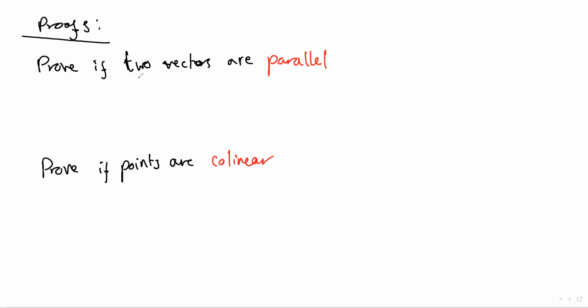So first off, if we want to prove if 2 vectors are parallel, we need to show that they are multiples of each other.